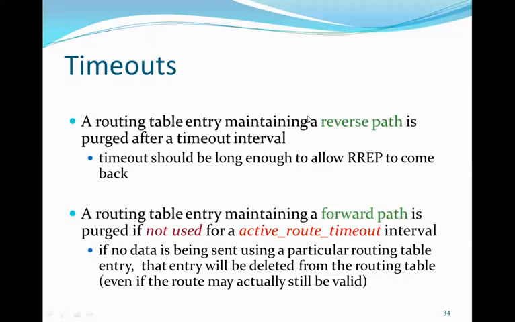So it is important that the path stored in the table should be updated frequently. A routing table entry maintaining a reverse path is purged. Therefore, we have some timeout, and this timeout is most probably equal to the RTT time.